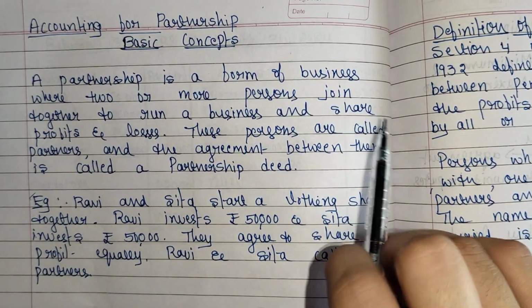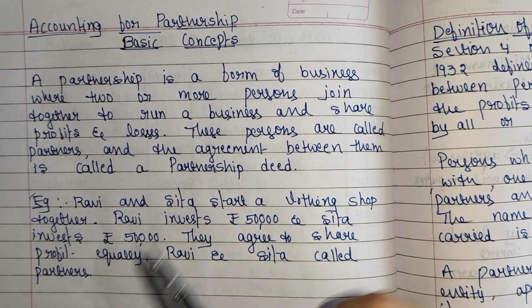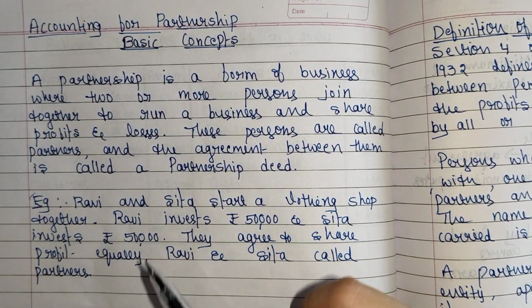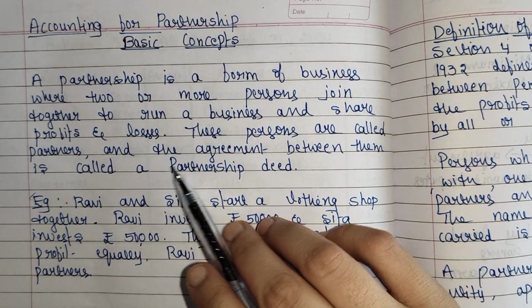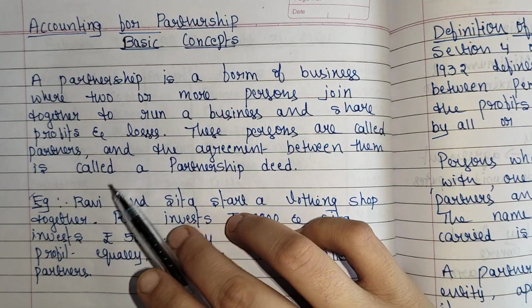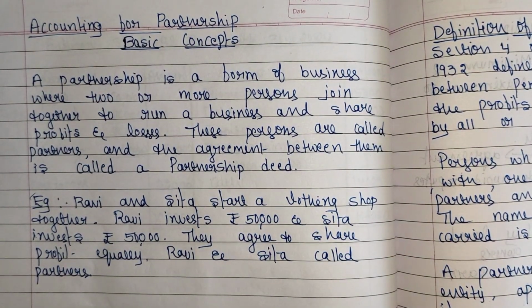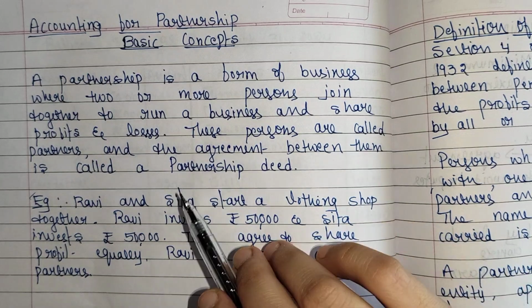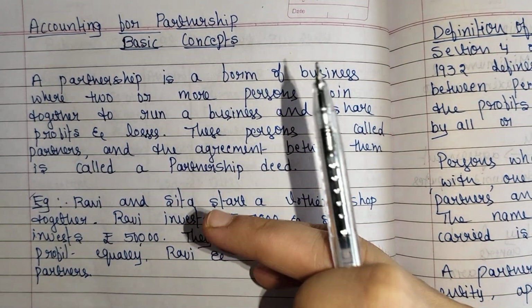These persons are called partners, who form the business, and the agreement between them is called a partnership deed.